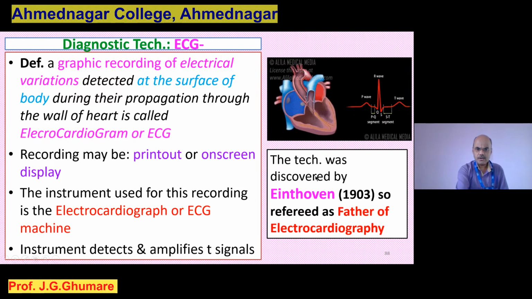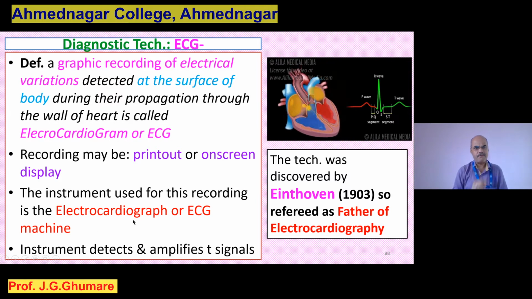Instrument used here is called as electrocardiograph, and I think you must have understood. Machine is actually called as graph, and whatever graph that we get, it is called as a gram. Remember, so the graphical record is called an electrocardiogram, and the machine that is used here is called ECG machine or electrocardiograph. Remember, the instrument detects and amplifies the signals which are produced by the heart.